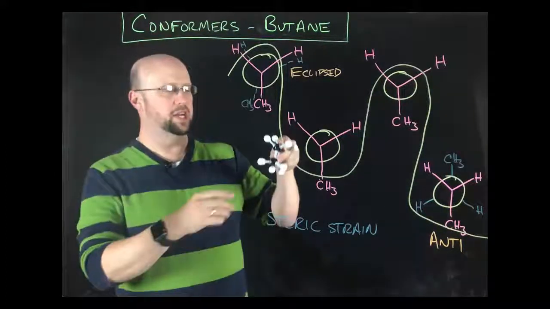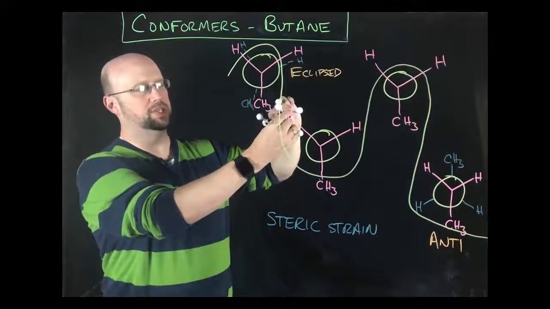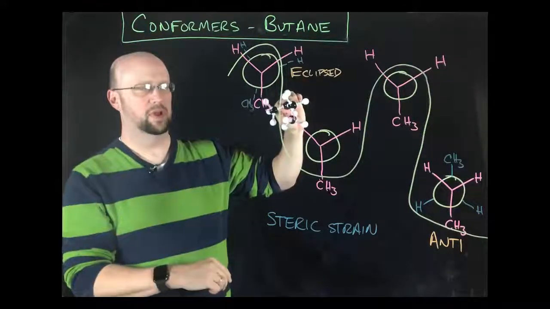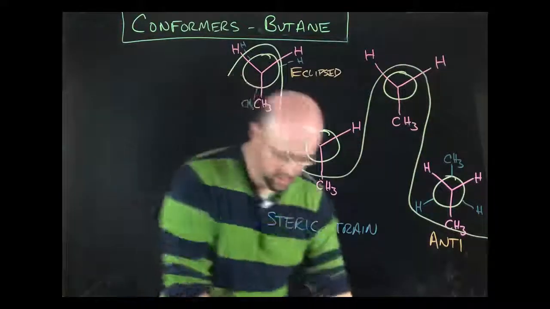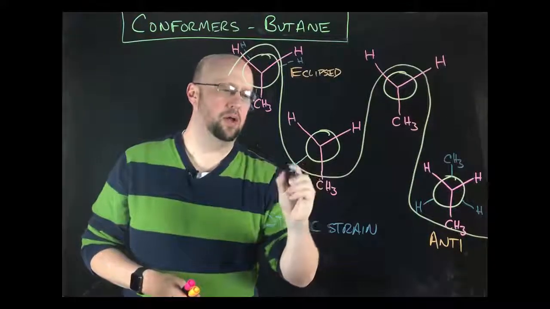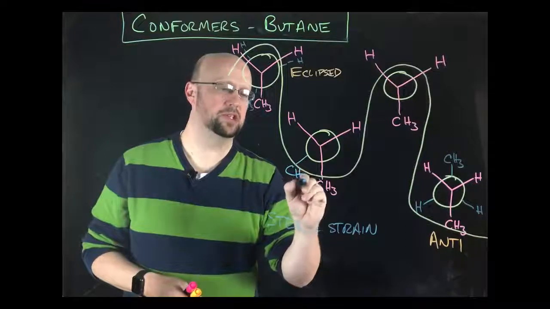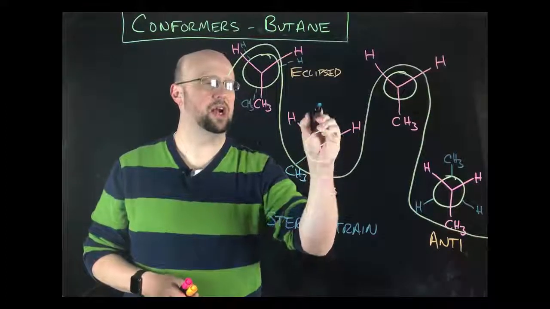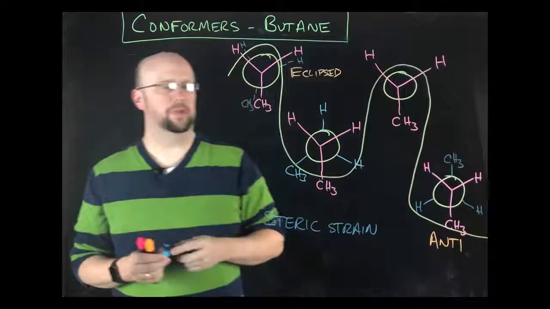So what if we then said, okay, I'm starting here at my 0, and then I'm going to twist 60 degrees. If I twist 60 degrees then what happens is that my methyl group now is over here. So I've got my CH3 over here, and then I've got a hydrogen up here and a hydrogen over here.